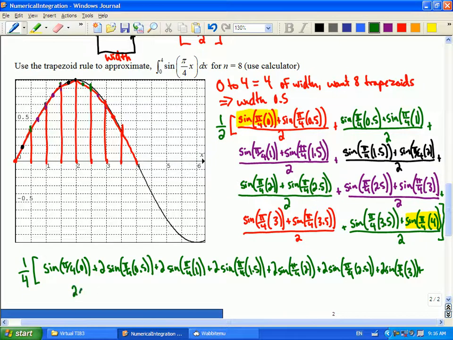And 2 times the sine of pi over 4 times 3.5. And 2 times, sorry, we just have 1 there, that is the end point. So sine of pi over 4 times 4.